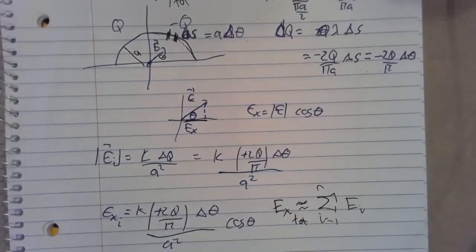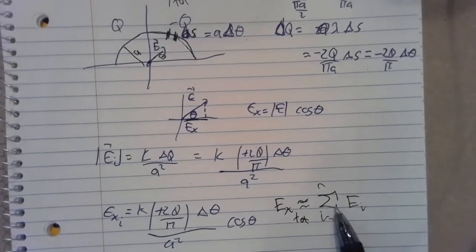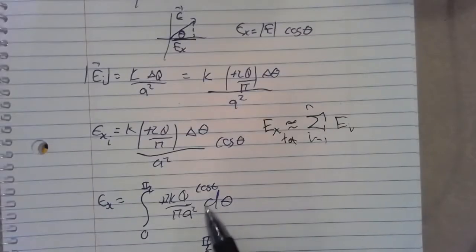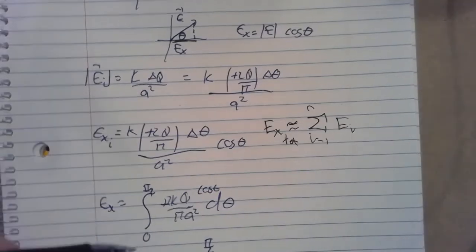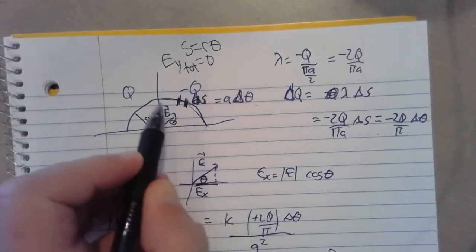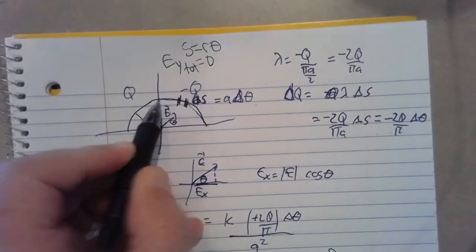We take the limit as delta S goes to 0, or in this case delta theta goes to 0. That sum becomes an integral. That delta theta becomes a d theta. And we put in our limits. The smallest angle for which this makes sense is 0. The largest is 90 degrees, pi over 2.